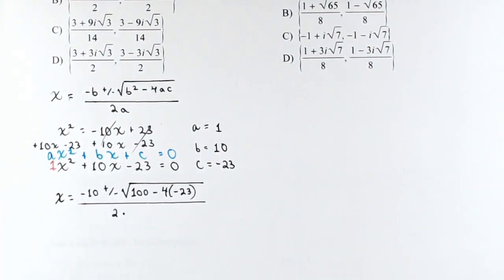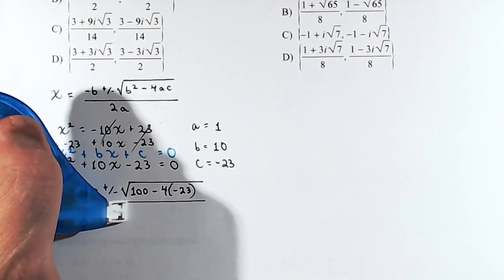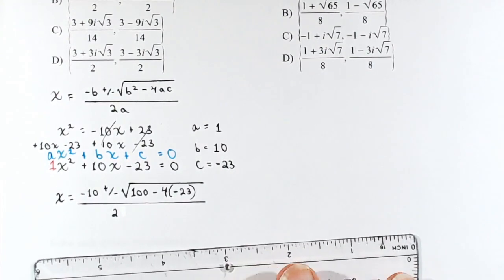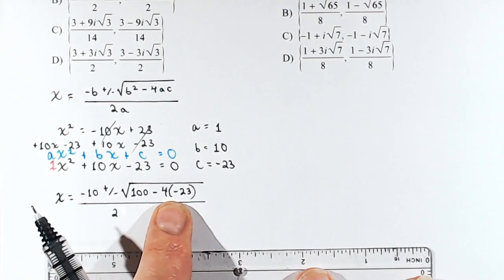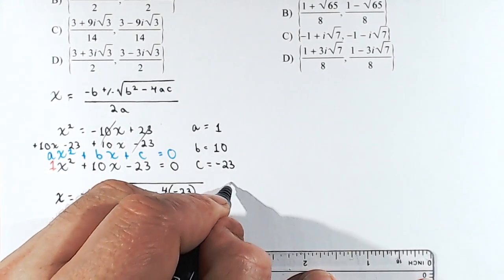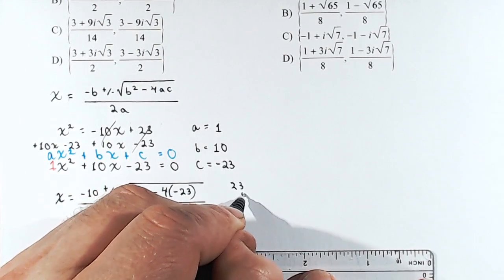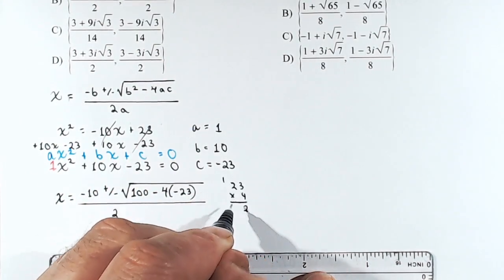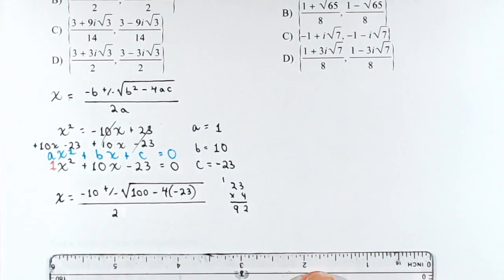I just don't even need to write it. 2 times 1 is 2, all over 2. Okay, so let's simplify further. I'm going to have to multiply 4 times negative 23 here. So that's 23 times 4, which I have no idea what that is. 12, 1, 9. It's really 92. Yeah, I guess it is.